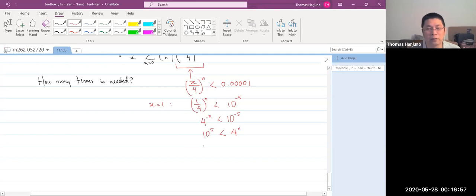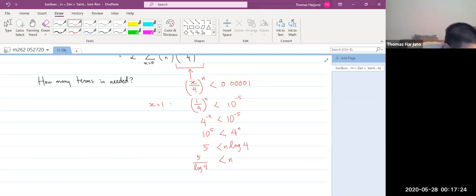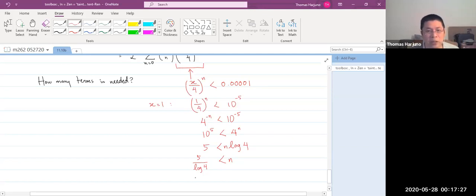Apply log base 10, so 5 should be less than log base 10 of 4 to the n. Let me move the 4 here. So n has to be greater than 5 over log 4. Now 5 over log 4 will be 8 something. This is 8.3 something. So use n equals 9.